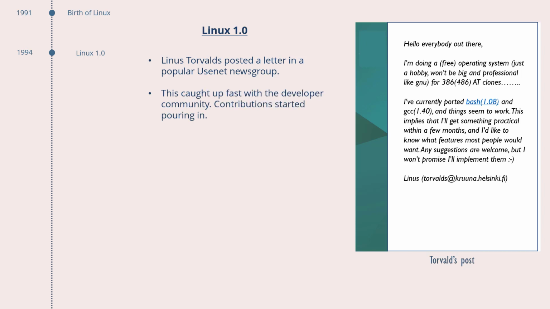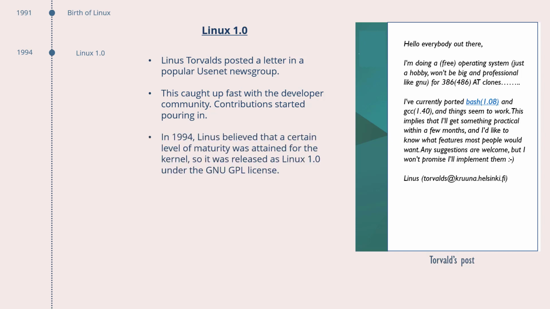Now this caught up fast with the developer community. Contributions started pouring in. In 1994, Linus believed that a certain level of maturity was attained for the kernel. So it was released as Linux 1.0 under GNU General Public License.